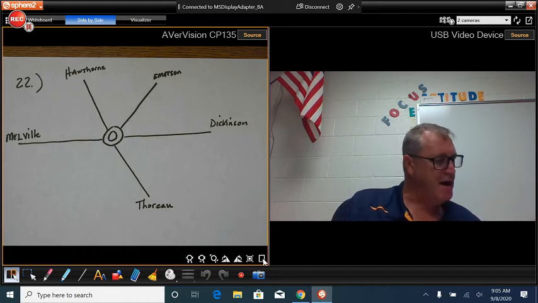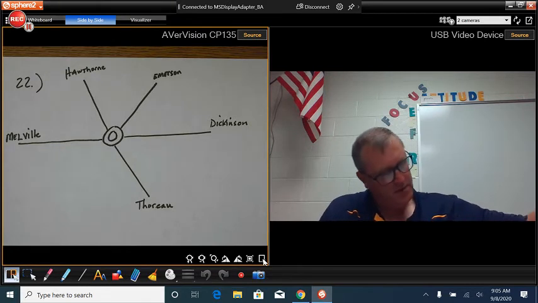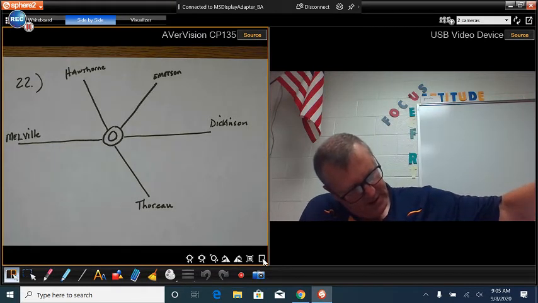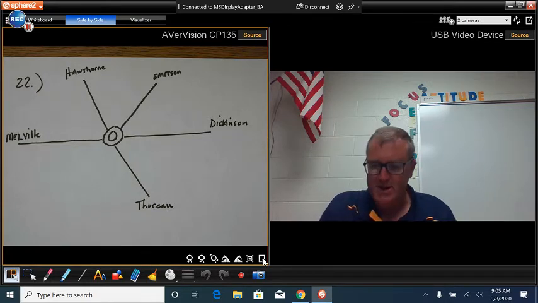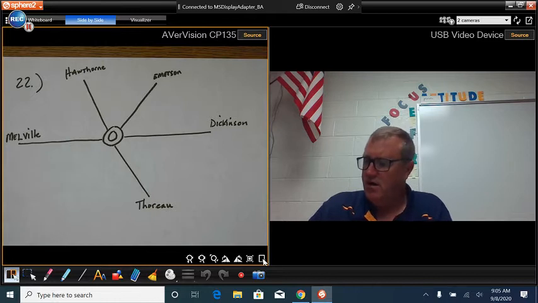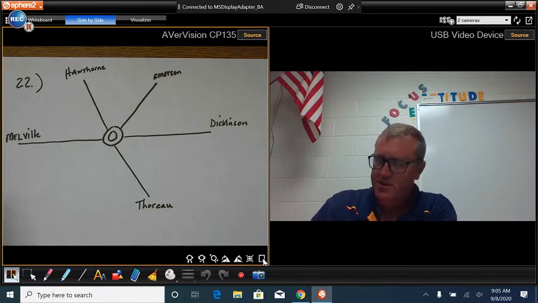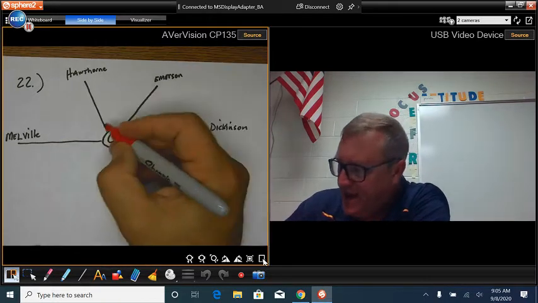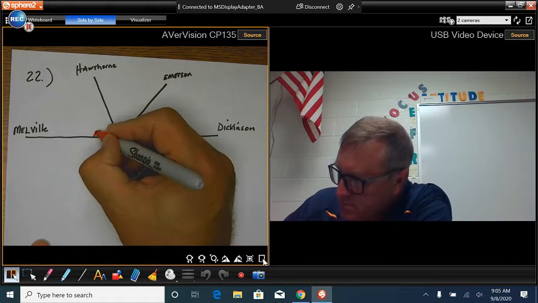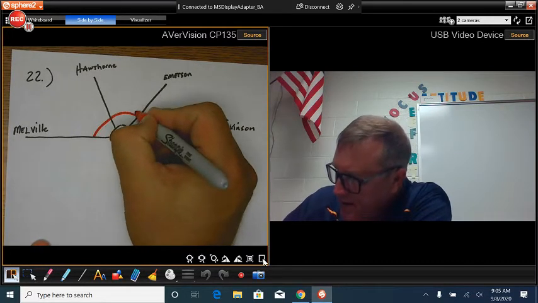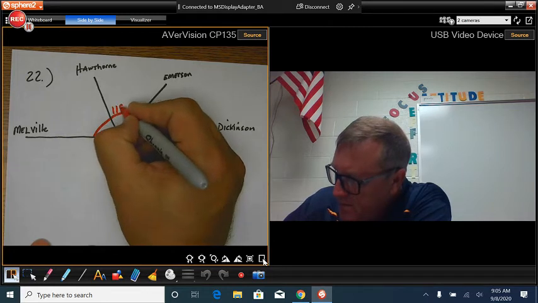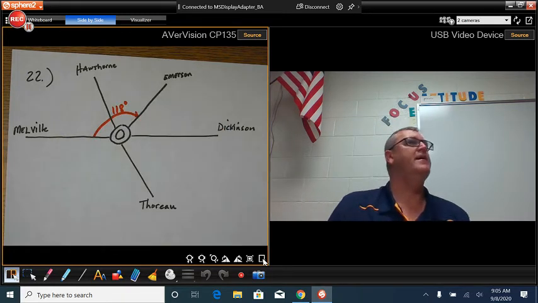All right, now back to what Riley read. Thank you, Riley, for that. What Riley read, the measure of the angle formed by Melville and Emerson is 118. So I'm going to use a different color just because I can and I like to. That angle right there, 118. Does everyone see that?